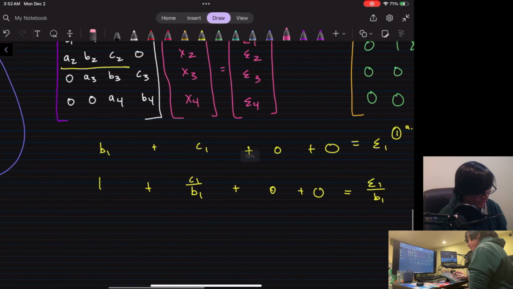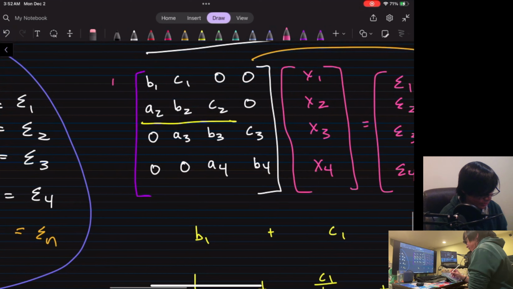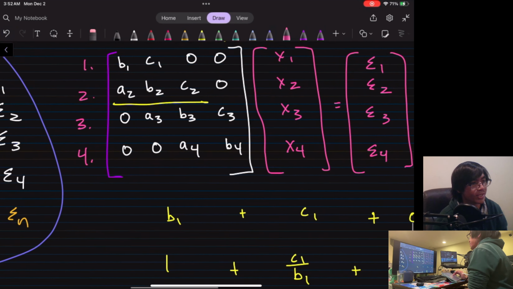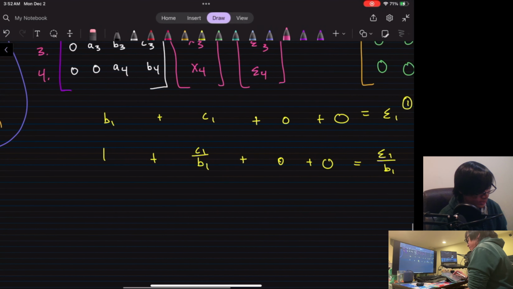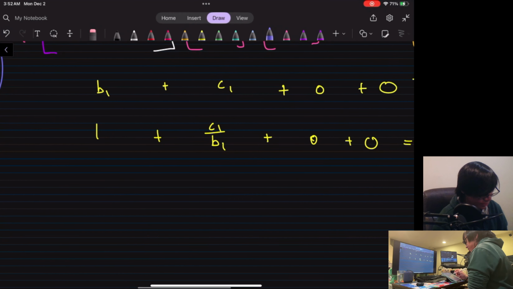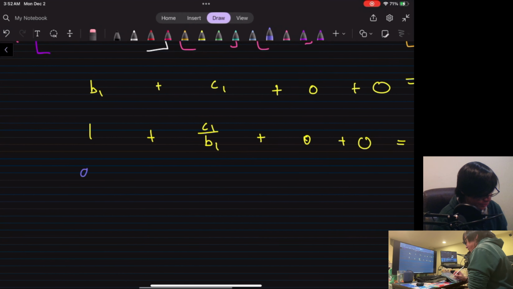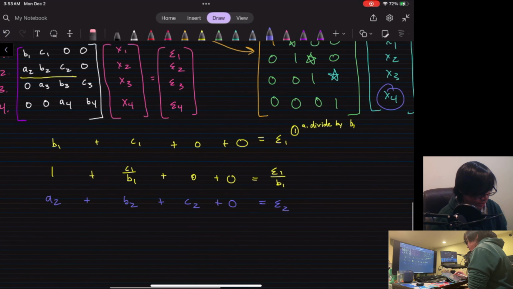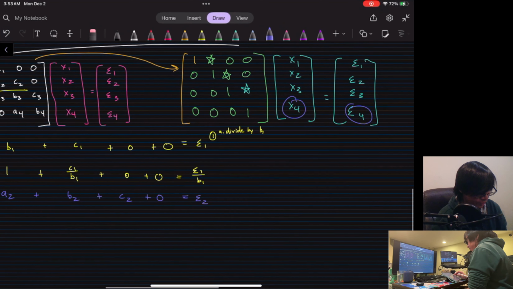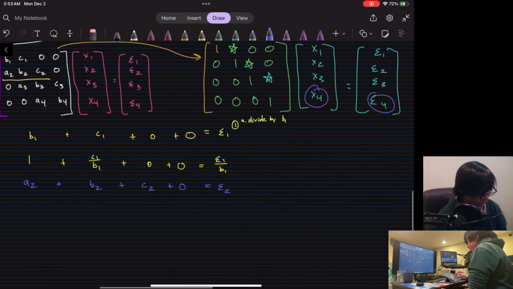So I was rewriting before I got ahead of myself. We have equation 1, or rows, even though technically they're not indexed correctly, but that's how it makes sense to refer to them. So we had A2, B2, C2 is 0 plus 0 equal to epsilon 2. Is it worth storing these values now?